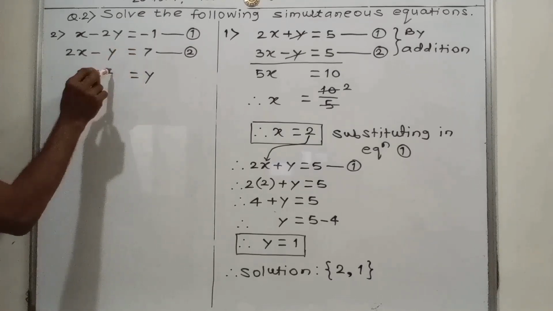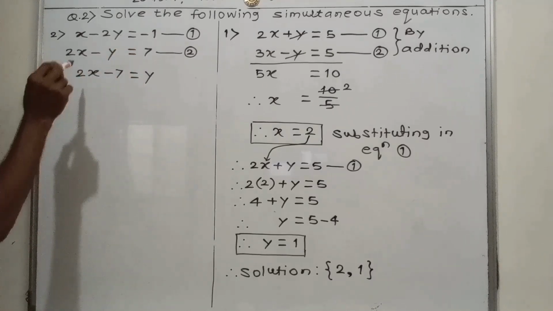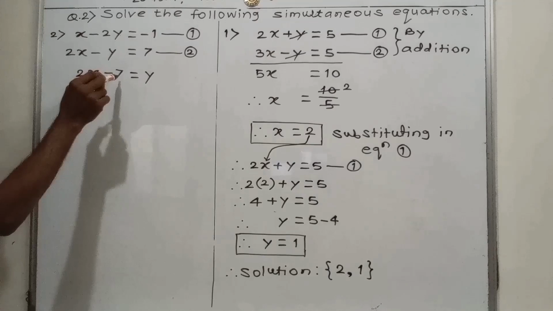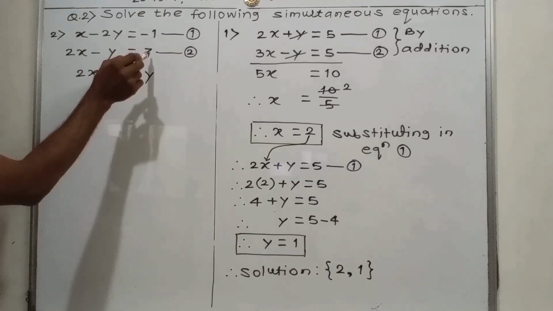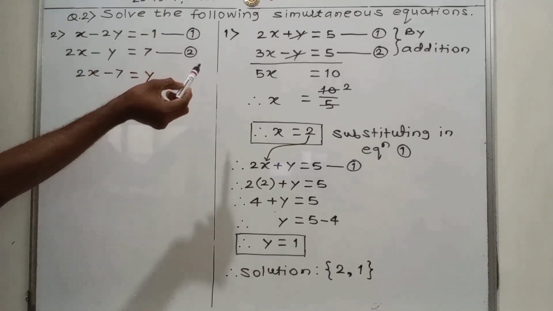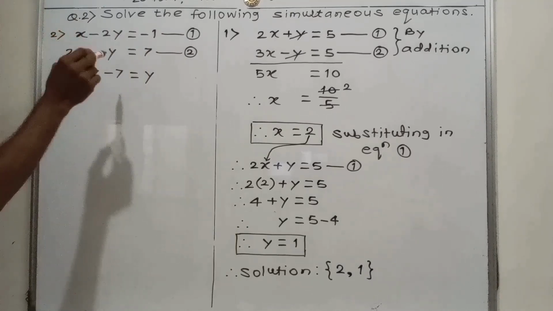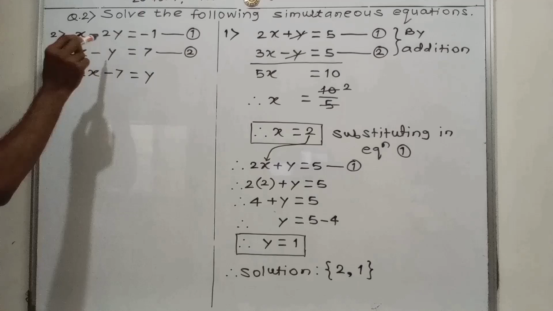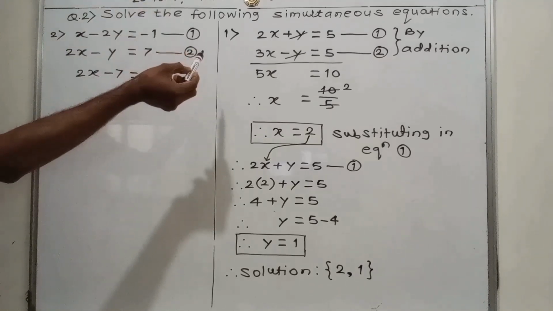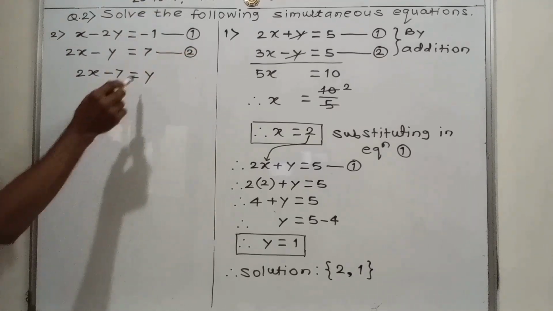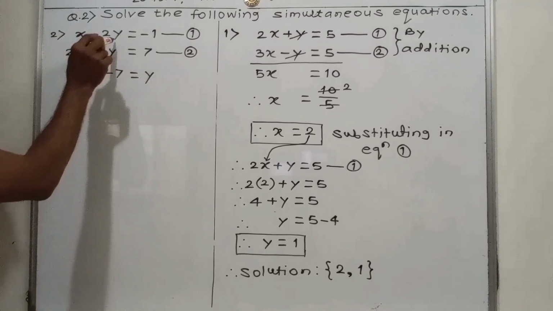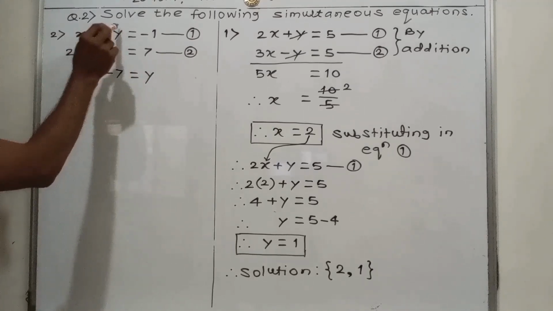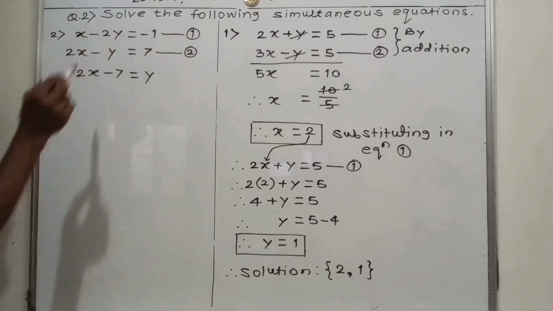Plus 7 becomes minus, means 2x minus 7. This 7 right side comes to left, becomes minus, and this minus y left side goes to right side, becomes plus.